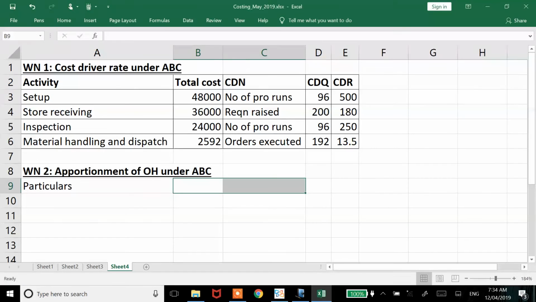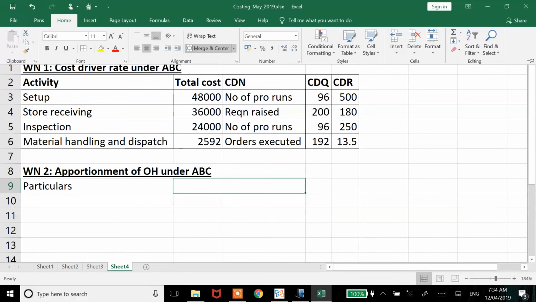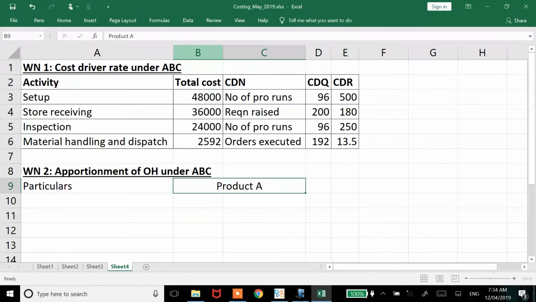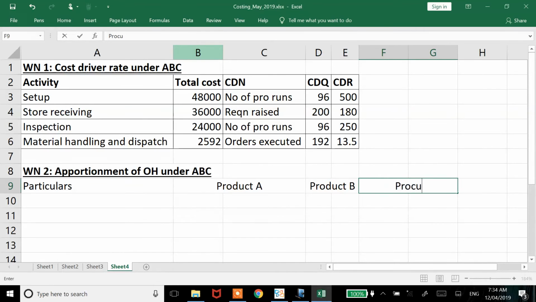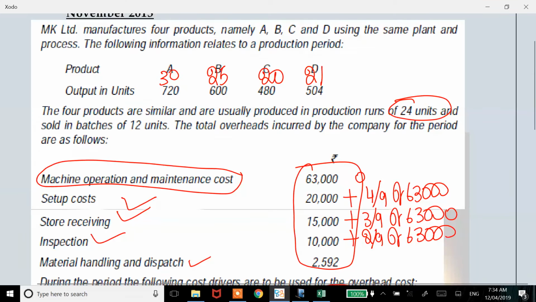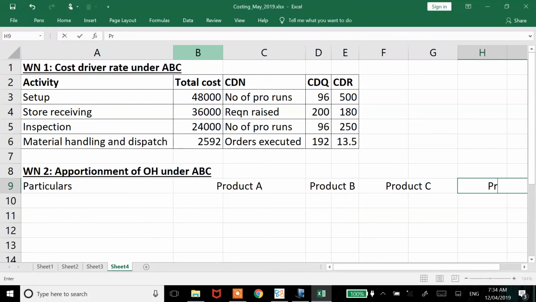So product A 2 columns, product B 2 columns, product C, and product D. The 2 sub columns are CDQ and amount.